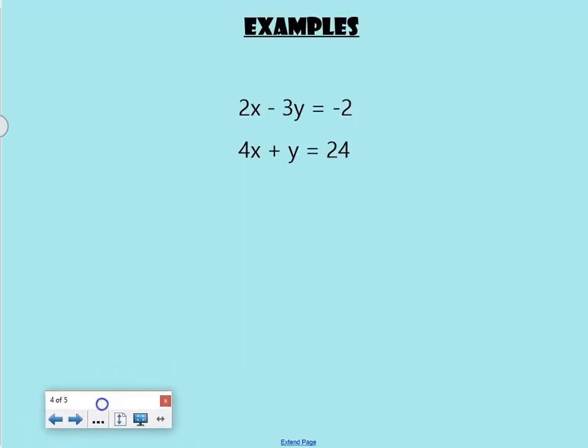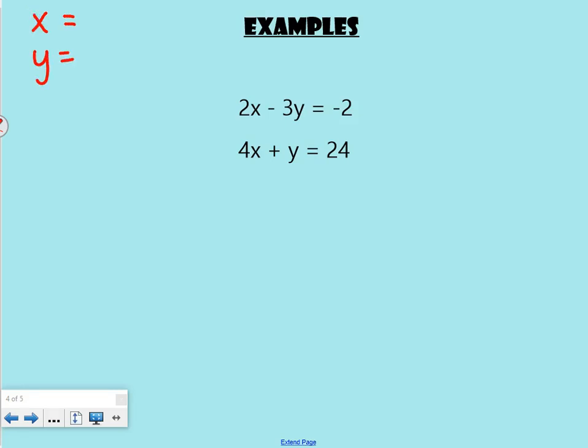Another example, just to make sure we're getting it. 2x minus 3y equals negative 2, and 4x plus y equals 24. Now, when we're substituting, we're looking for an equation that looks like x equals or y equals. I don't see an equation that looks like that, but I do see this equation where y is all by itself.